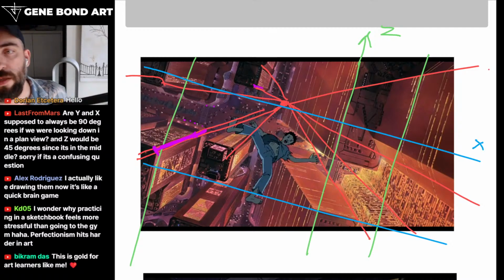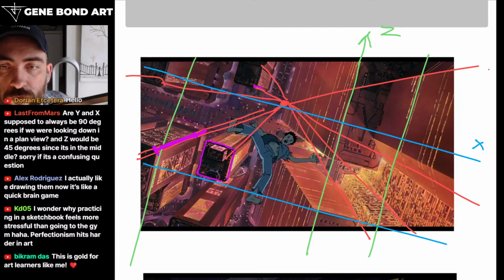And if you draw this kind of scene, you can transfer the relative height of buildings. So let's say you have this building here. Now you transfer along the x axis, your bottom and the top transfer here.